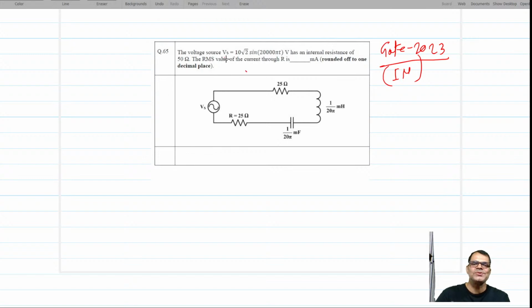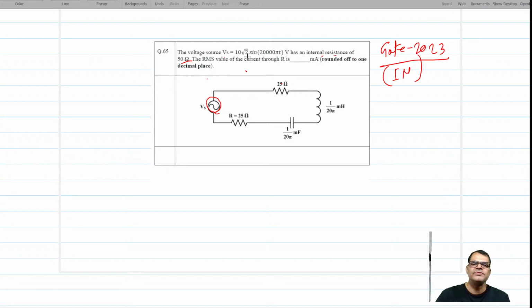The voltage source Vs, the trick point is this internal resistance of 50 ohm. If you are in a hurry, you will see the 25 and forget the 50 ohm, because this Vs also has a resistance of 50 ohm. You need to take it into consideration to get the current.